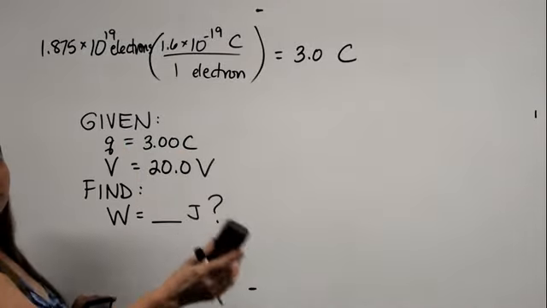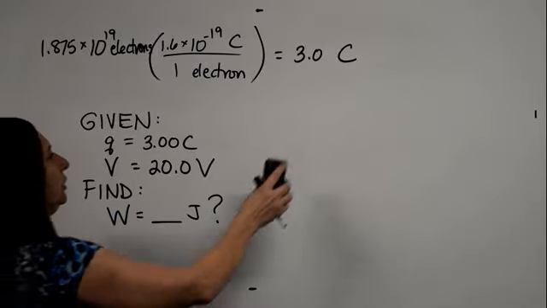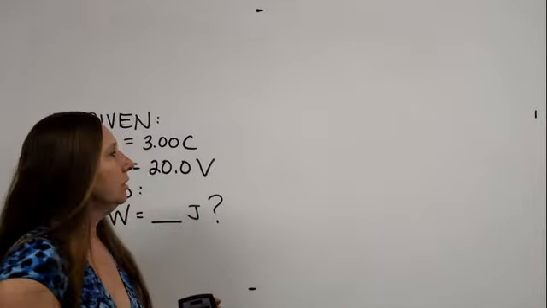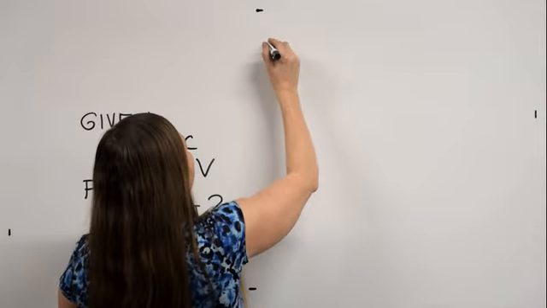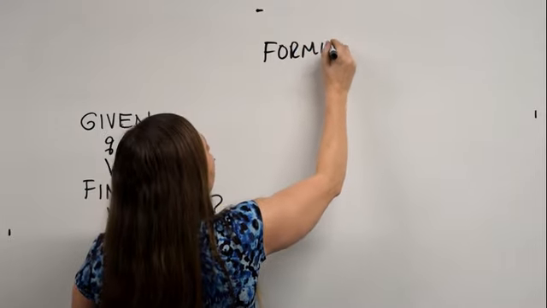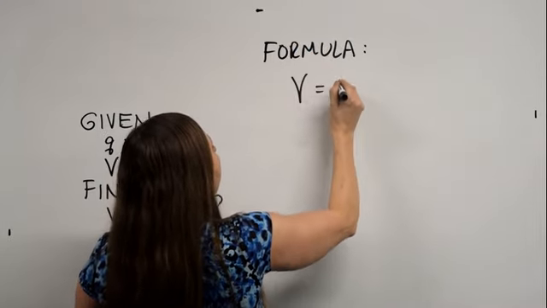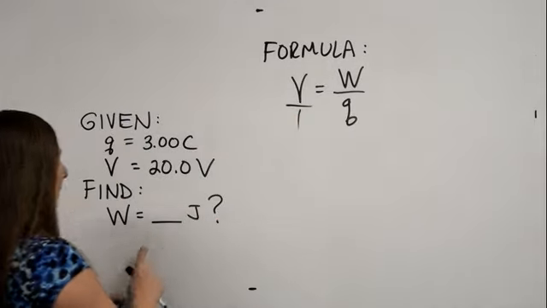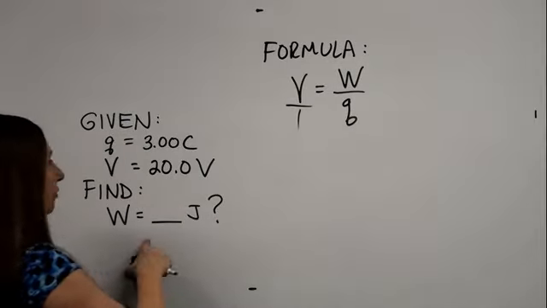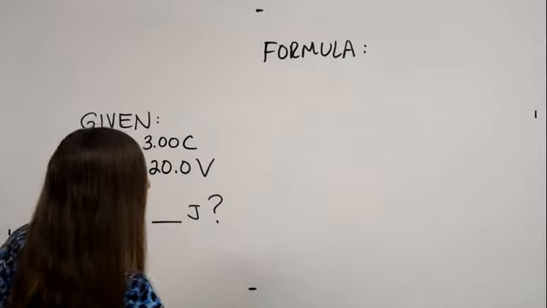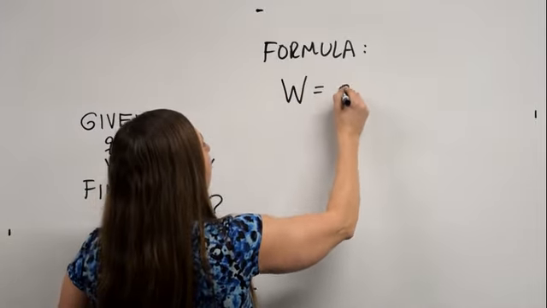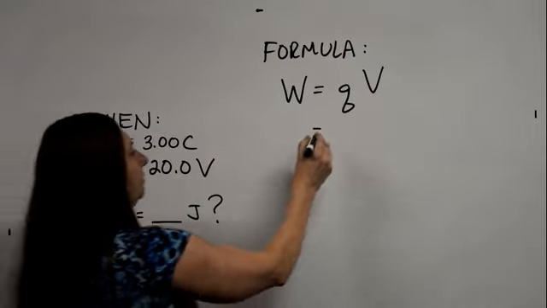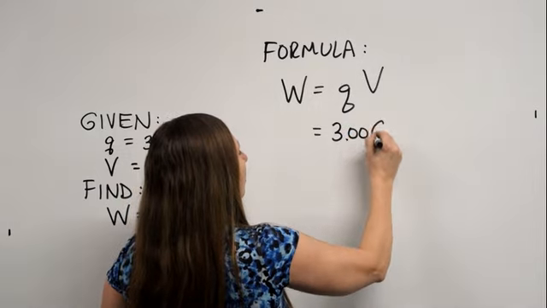I've converted electrons to coulombs, and now I'm ready to use the equation that defines voltage. What formula are we going to use? Voltage is equal to work divided by charge. I'm going to cross multiply and get W by itself because we're trying to find W. So W equals Q times V. The charge is 3 coulombs.